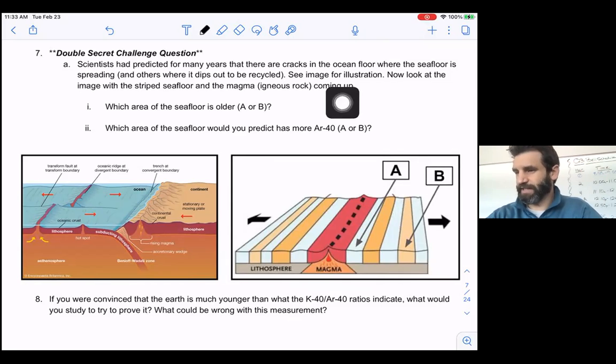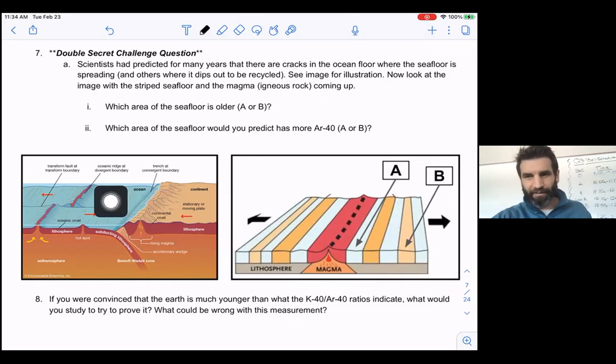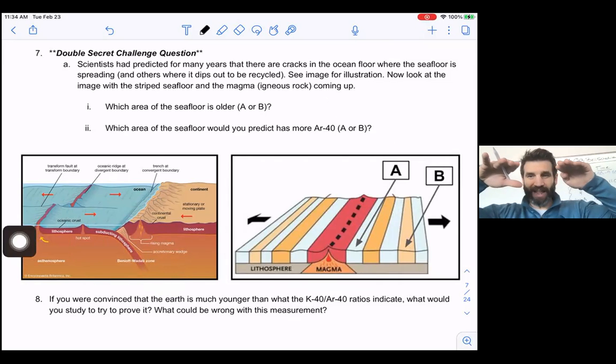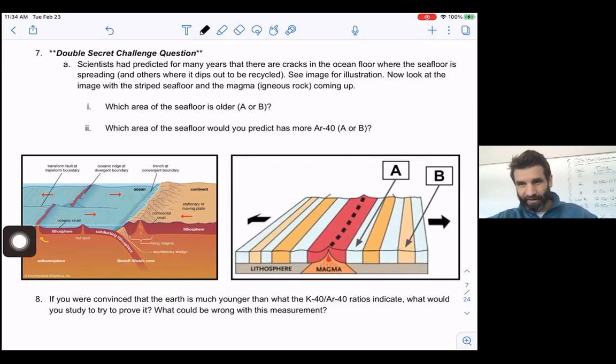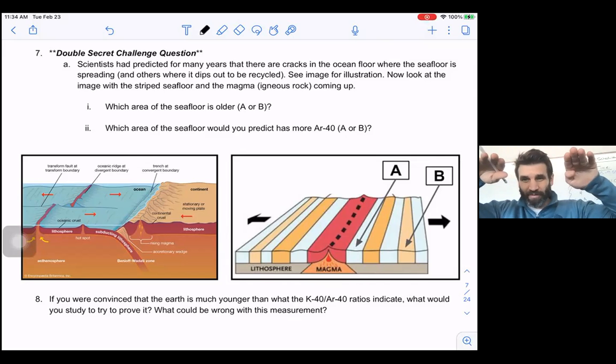And there are others where the seafloor is called subduction. You might have learned about this a little bit in middle school, where parts of the crust of the Earth dive back down into the core and get melted away. So there are parts where the seafloor spreads, and parts where it dives back down to get melted and recycled back up. And this happens over the course of hundreds, if not billions of years.